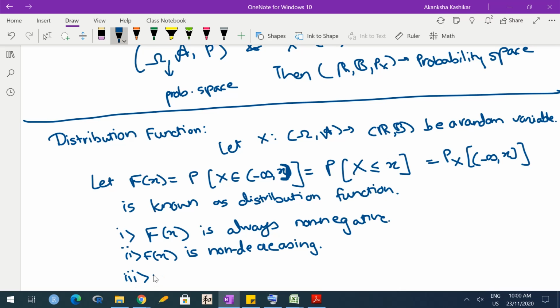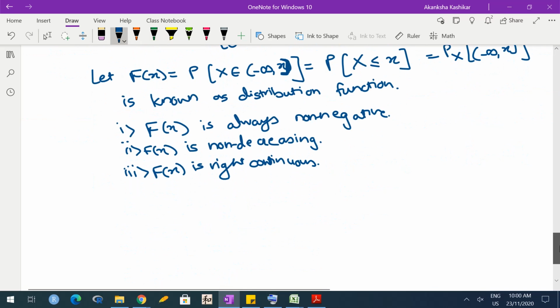Hence FX is non-decreasing. Third property is FX is right continuous. It is easy to prove this using the definition, and we have studied the properties of intervals, how union and intersection of intervals behave, so we can consider that.